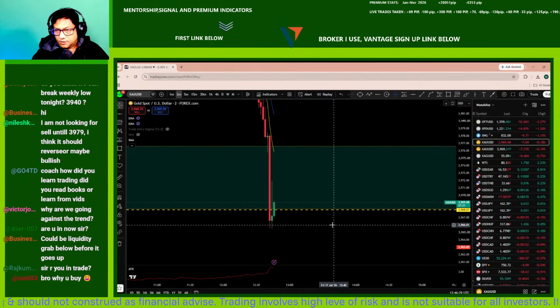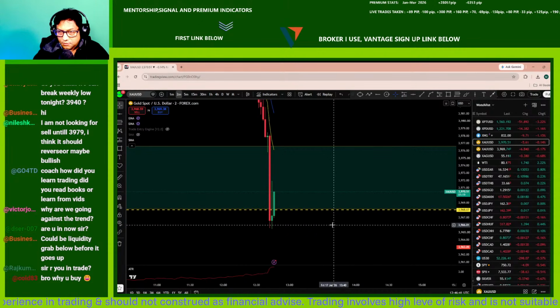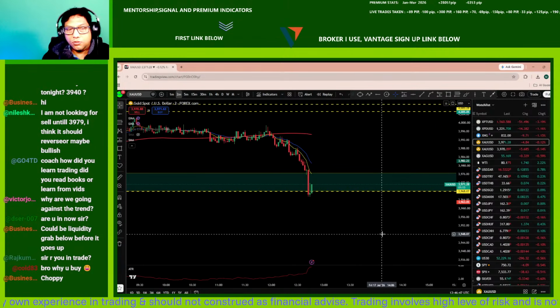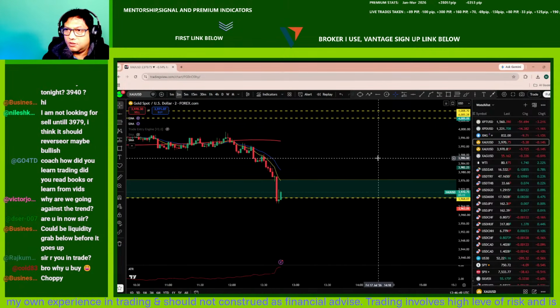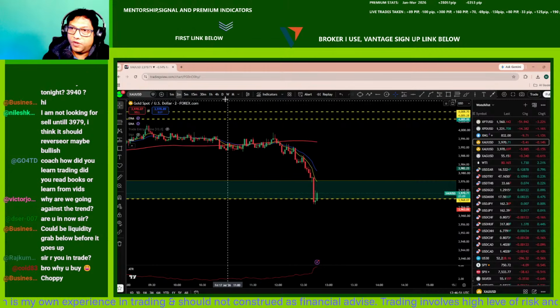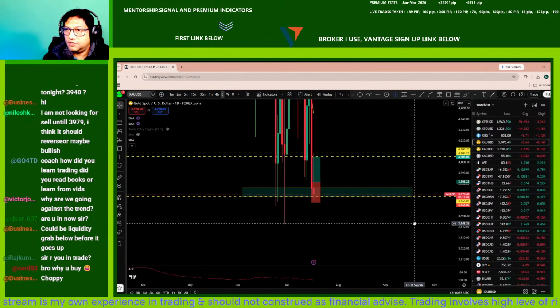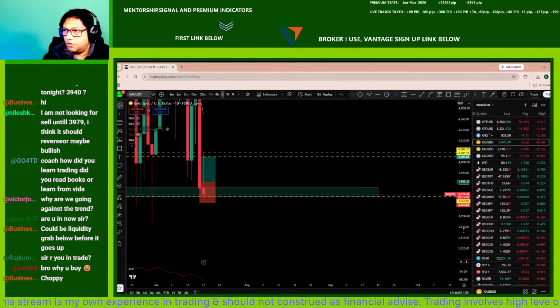And yeah, after a long choppy move, the market has broken back below. It's a very low price here now. From the daily, if you look, the price has broken this daily support.